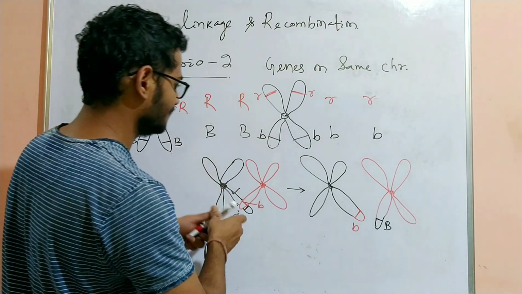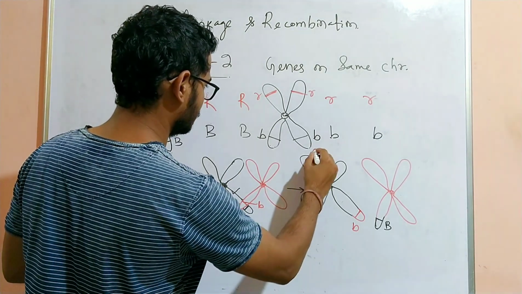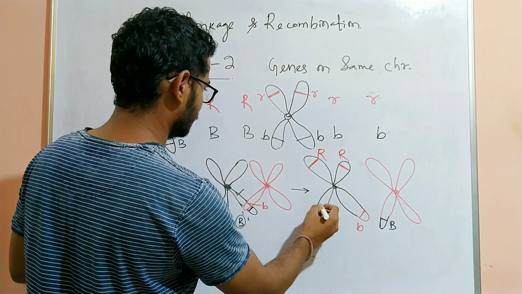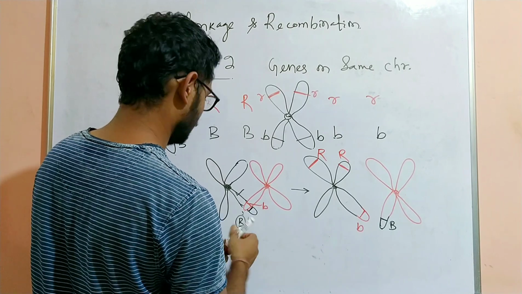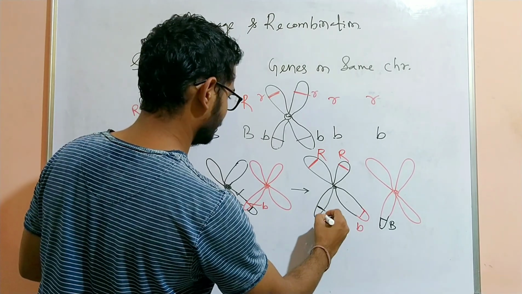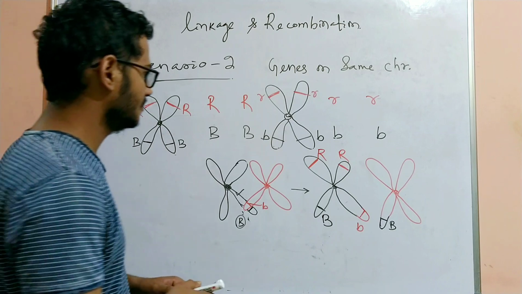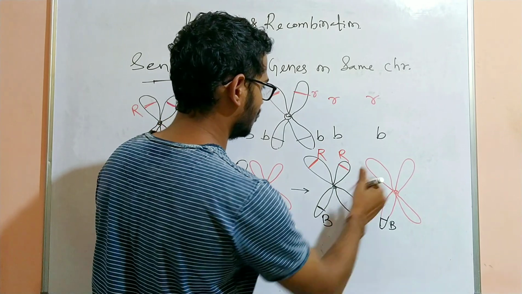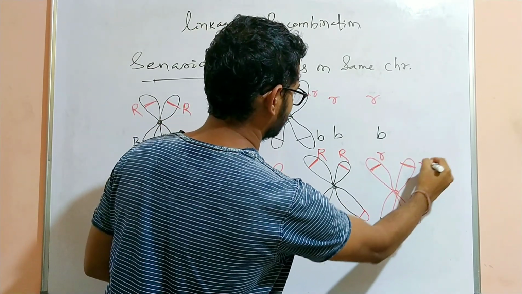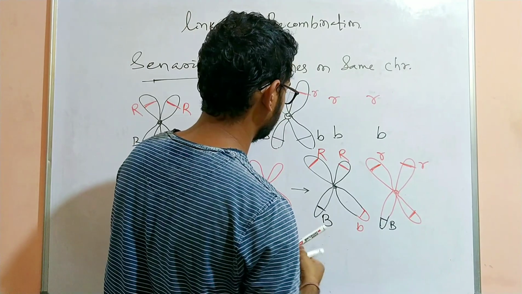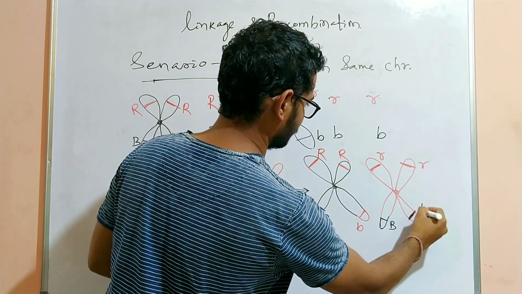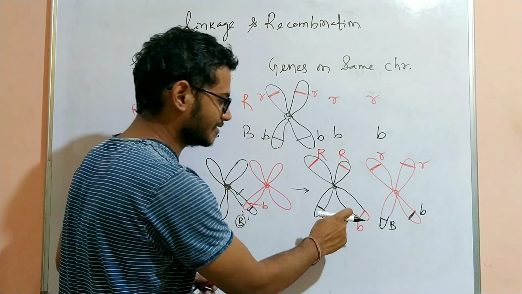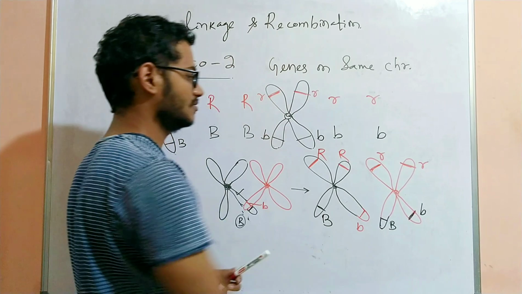So I can write here, this one is your red, capital R, this one is capital R, and here it is the capital B. Okay, so here we have the smaller, here again we have the smaller, here it is the small b, but the small b from this chromosome is now in this chromosome, and the capital B from here travels to there.